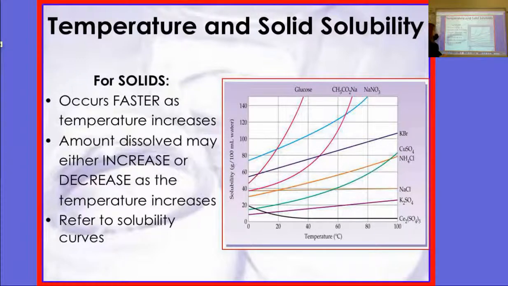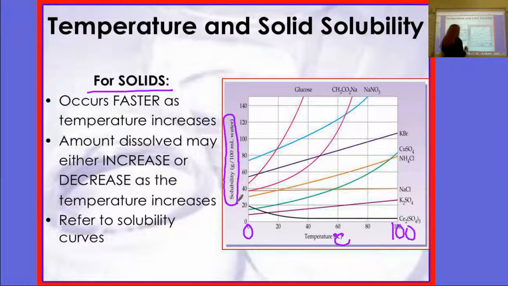Here's a graph that shows us this temperature thing. This is for solids. Most solids, as you can see from this graph, temperatures in degrees Celsius, it goes from 0 to 100. And this is solubility. How many grams can I dissolve in 100 milliliters of water? You can see the general trend. Here's sugar.